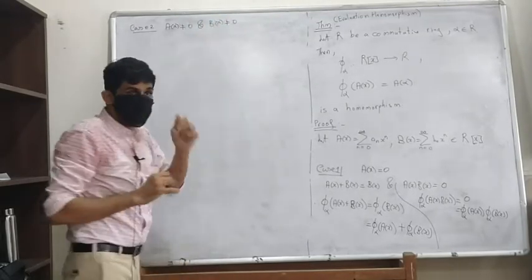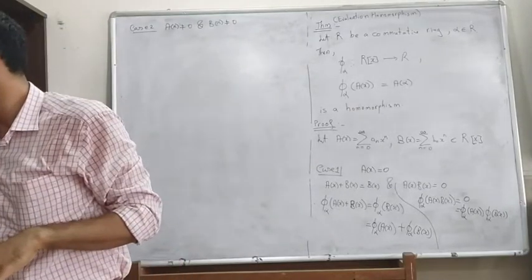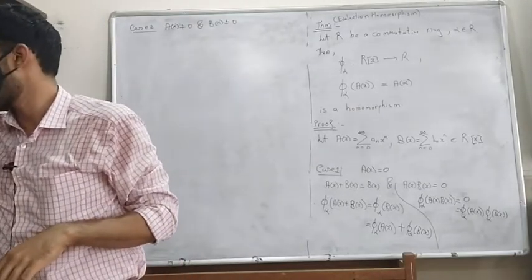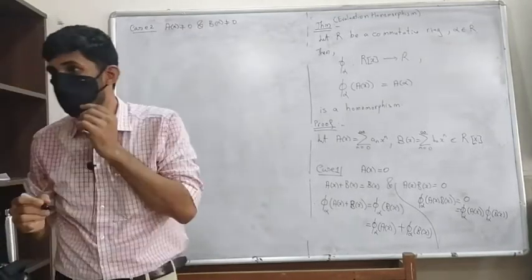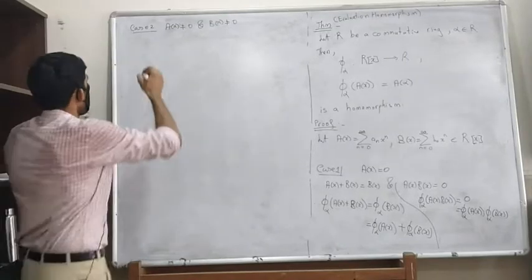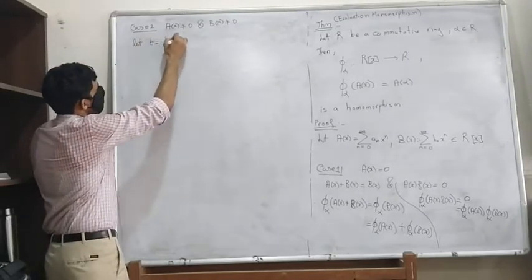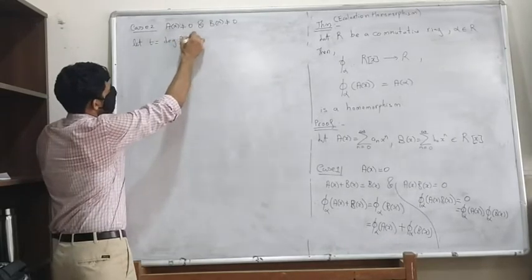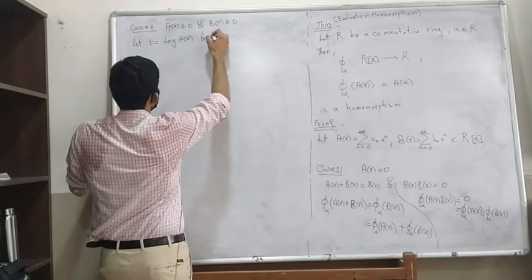Once they are non-zero, I know that they have some degrees. So let us say that the degree of A of x is t and the degree of B of x is s, because we can talk about degrees only of non-zero polynomials.